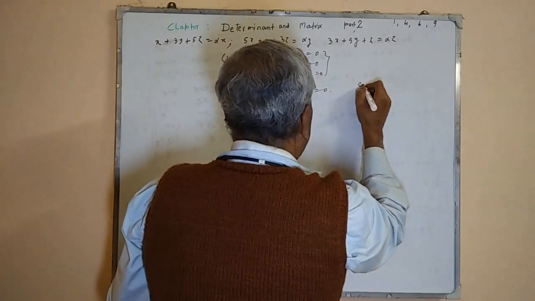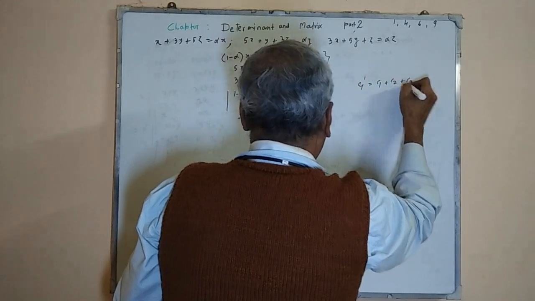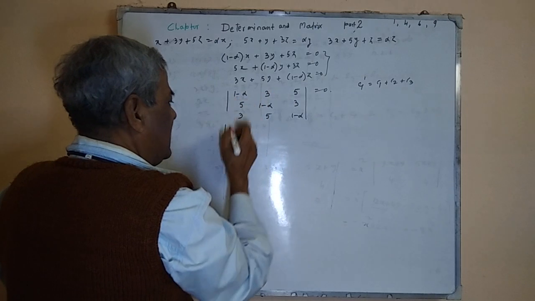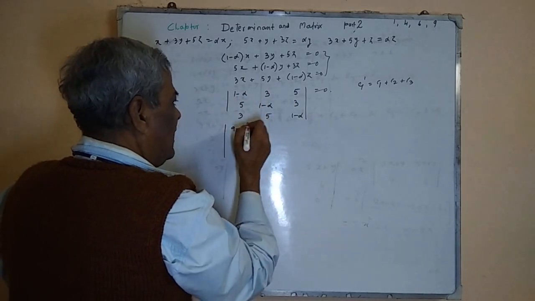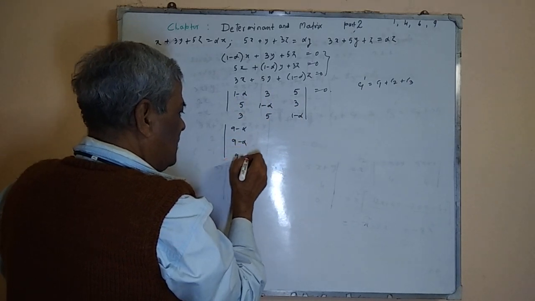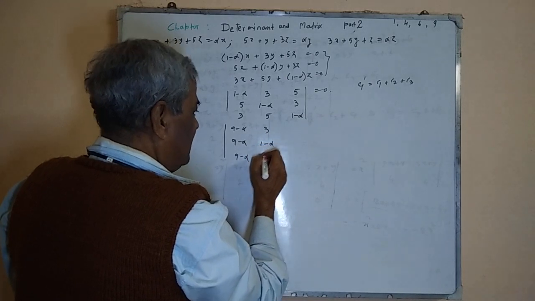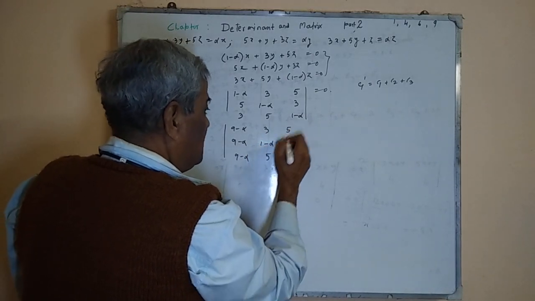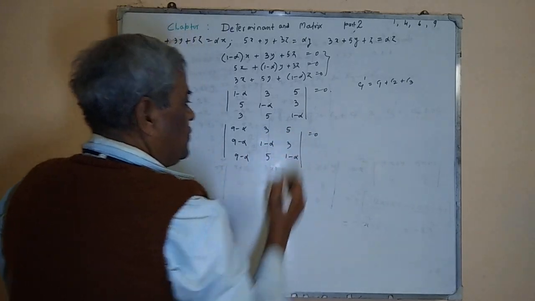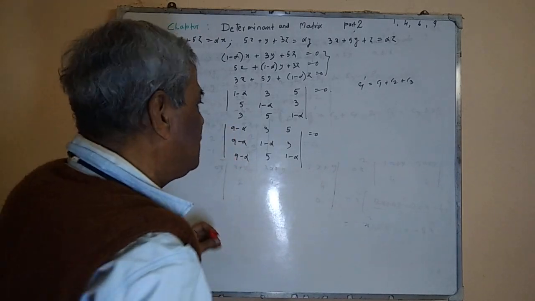Operating C1 dash is equal to C1 plus C2 plus C3, it will give you 9 minus alpha in the first column, again 9 minus alpha, and this is also 9 minus alpha, with 3, 1 minus alpha, 5 and 5, 3, 1 minus alpha, if this is 0. 9 minus alpha can be taken common from C1.